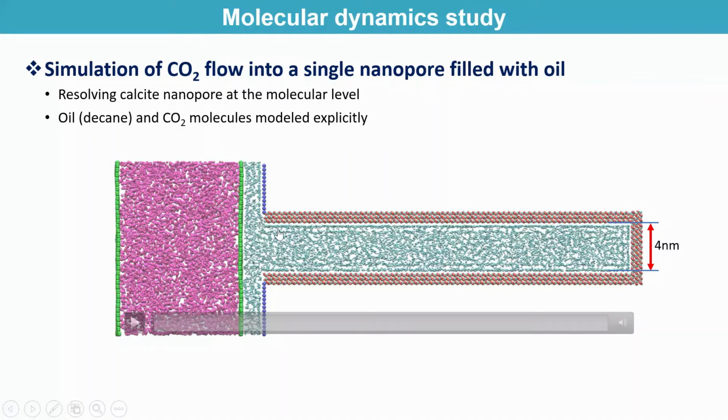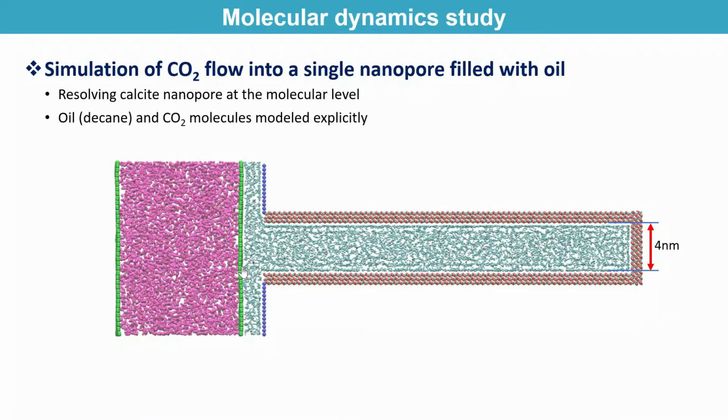Initially, these two are separated by a single layer of plate. Although this is a very simple model, much simpler than what you could find in practice, the model does capture some essential aspects of the problem.